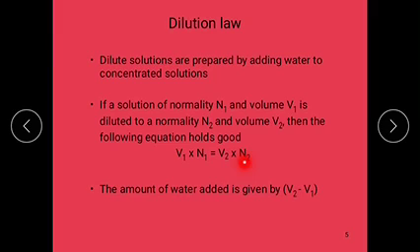In the same way, here N1V1 equals N2V2. The amount of water added is given by V2 minus V1. The diluted solution has more solvent, so its volume is greater than that of the concentrated solution, and V2 minus V1 gives the amount of water added.